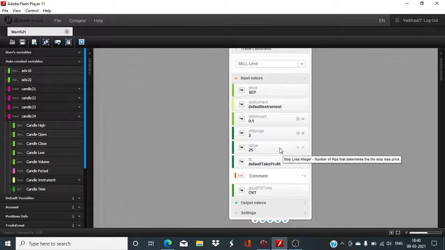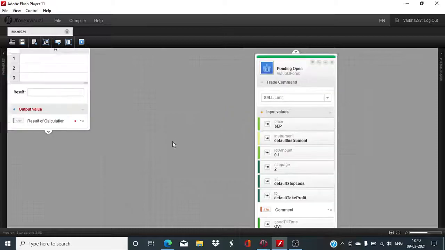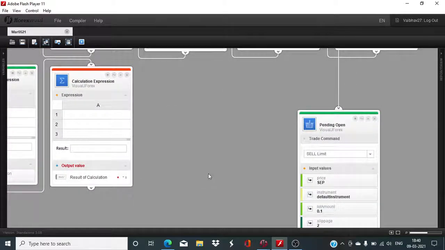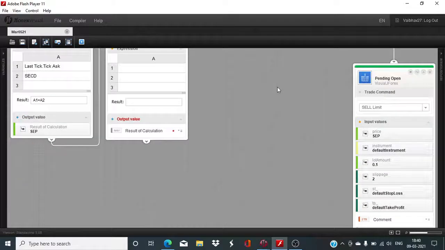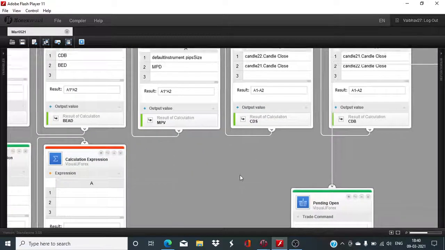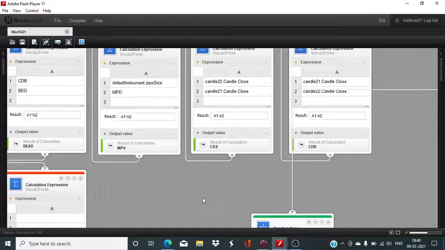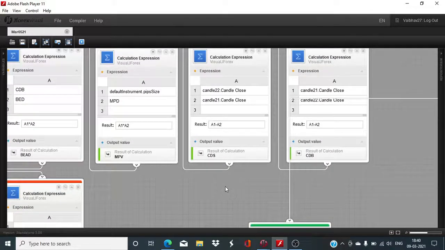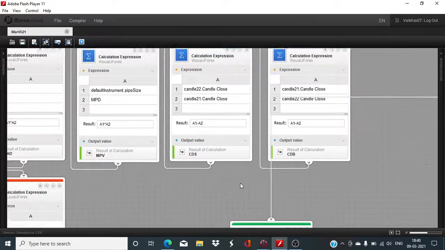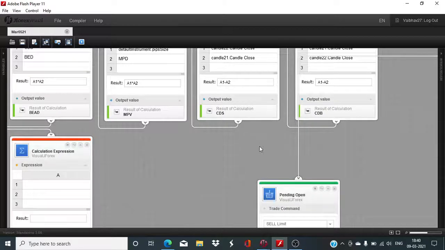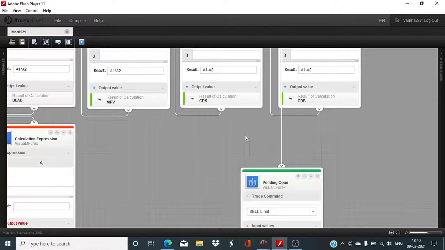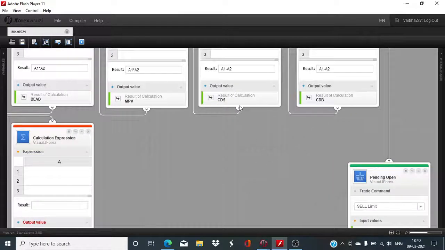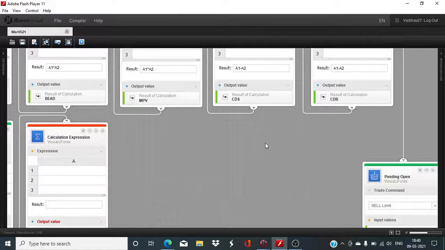Now two things remain. Two input values need to be defined, and this we will define now. For that I'm going to use the difference between these two hourly closing candles. For the buy side and for the sell side, the stop loss and take profit prices will be different. It will be dependent on the price action.